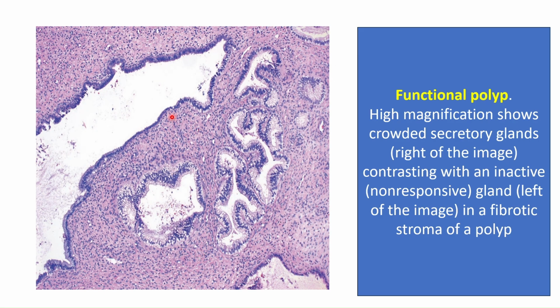Here we can appreciate this gland showing some part of the gland with vacuolization, and some having an inactive epithelium. So this is a functional polyp showing secretory activity, and this is the stromal component. Few dilated blood vessels or thin walled vessels are also present.